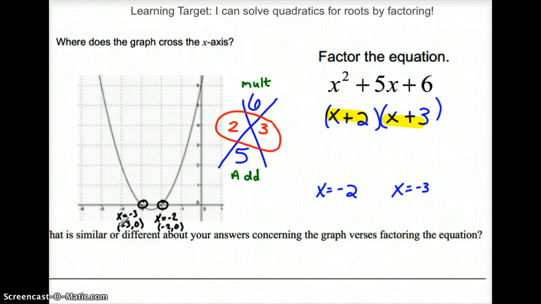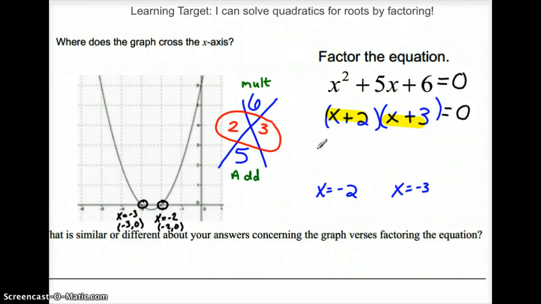Well, notice in the ordered pair, the y value equals 0. So for this expression here, we want to know the 2 points that make this thing equal 0. So like replacing y with a 0. So we can go through and do our factoring, and we still want this product to equal 0. So then there's this product rule that if two things that are multiplied equal 0, then one or both must equal 0.